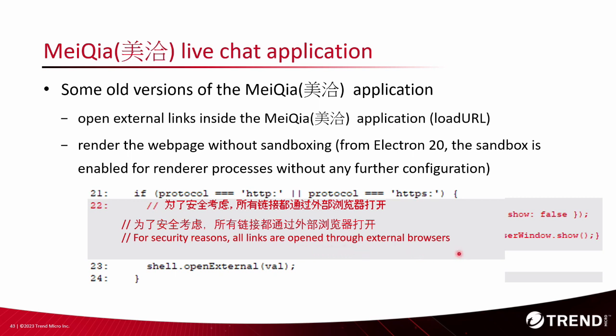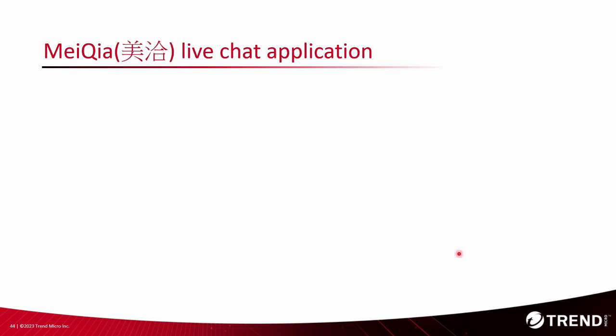So in the newer version, if the user clicks on a link to some other website or content, it opens in an external browser, either Firefox or Chromium, not within the Meiqia Electron application. This is safer, because modern browsers use sandboxing by default, and that makes the exploit not work in these cases.